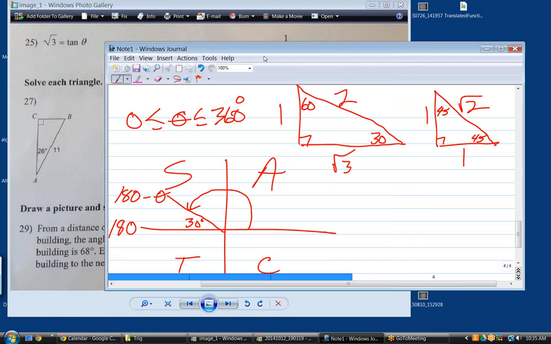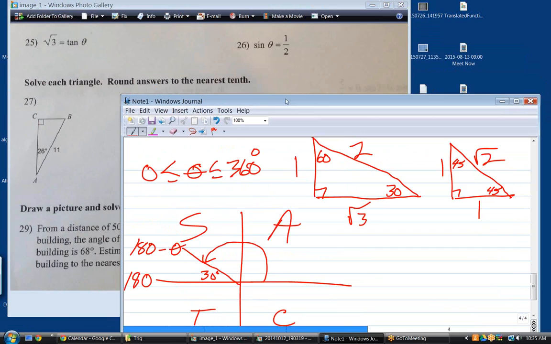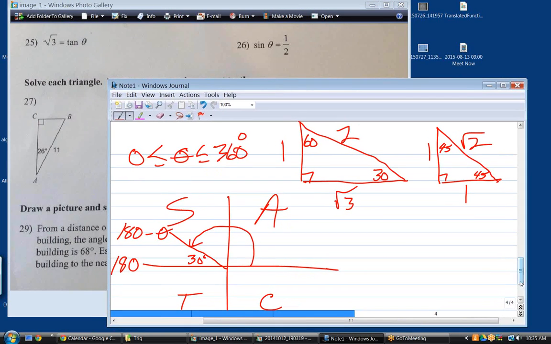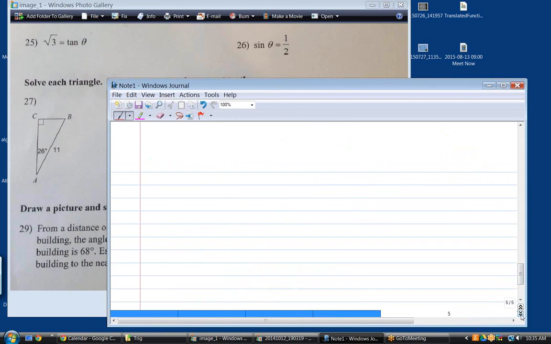Now, this one, the calculator problem. Incidentally, 99% of anything that's not 45, 30, or 60 degrees or 90 or multiples of those is a calculator problem. We don't have any way to get the trig functions of 26 degrees. There are some other angles where we do have ways.